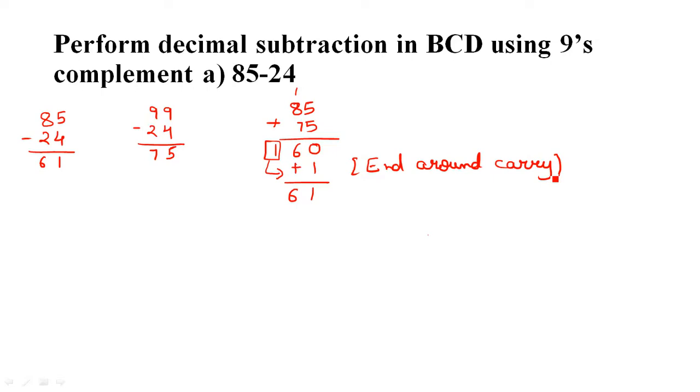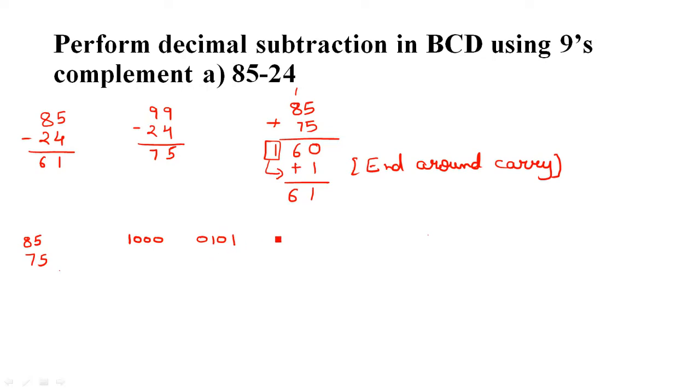Let us do this question using BCD. So 85 and 75. 85 in BCD is 1000 for 8 and 0101 for 5.